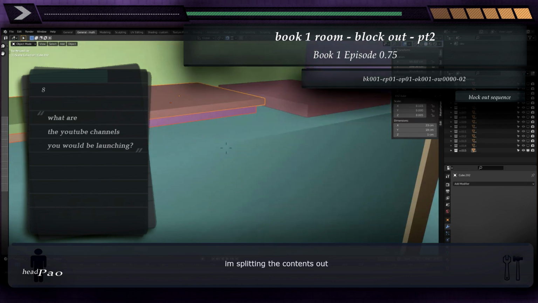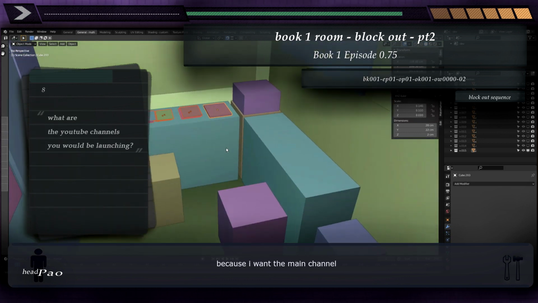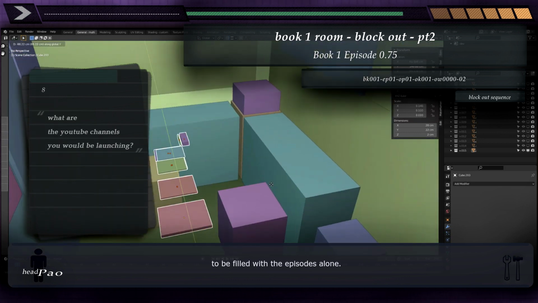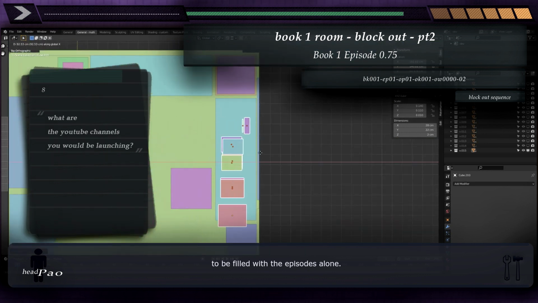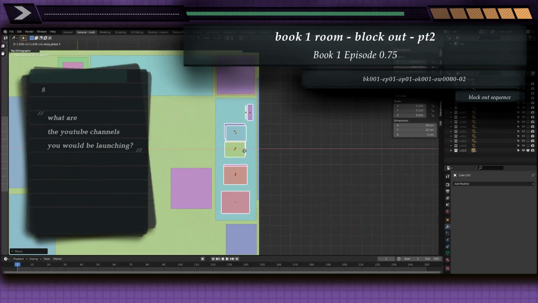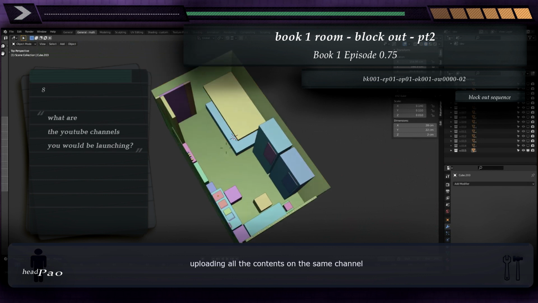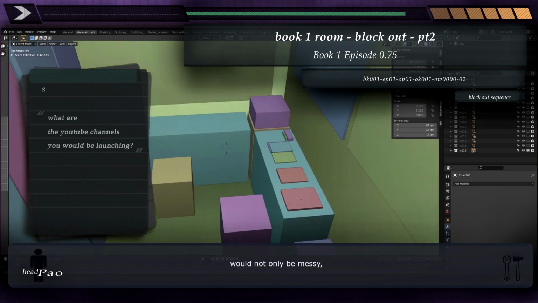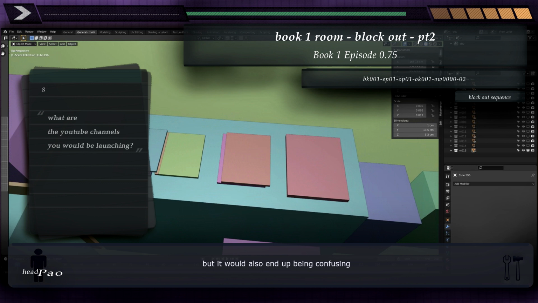I am splitting the contents out because I want the main channel to be filled with the episodes alone. Uploading all the contents on the same channel would not only be messy, but it would also end up being confusing.